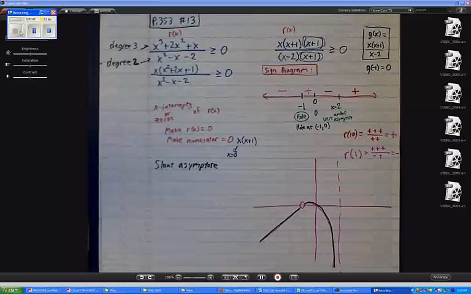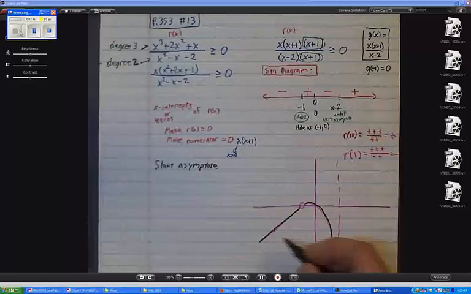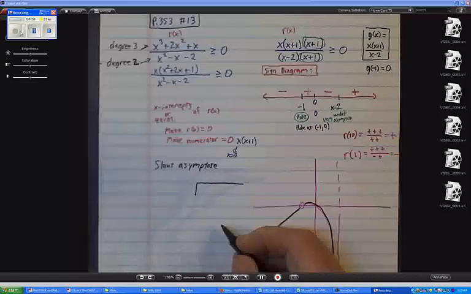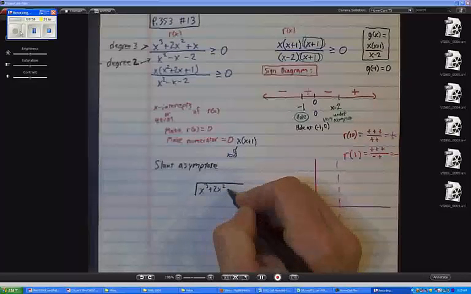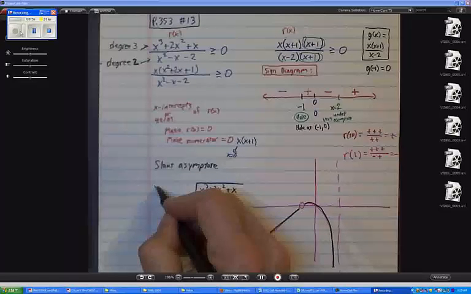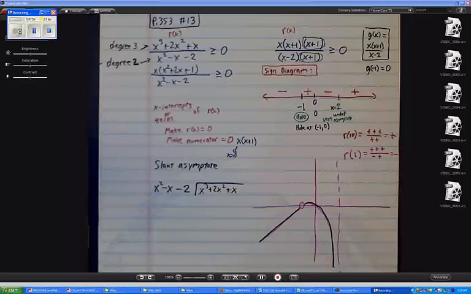So all I have to do, guys, is divide x cubed plus 2x squared plus x divided by what? X squared minus x minus 2. All right. Tell me what I do first.